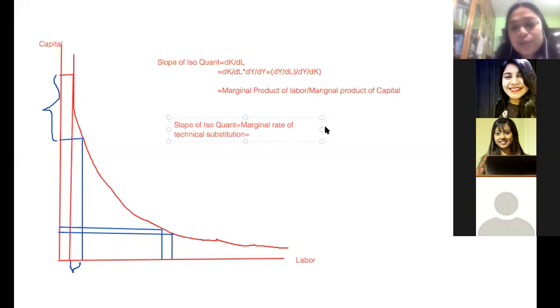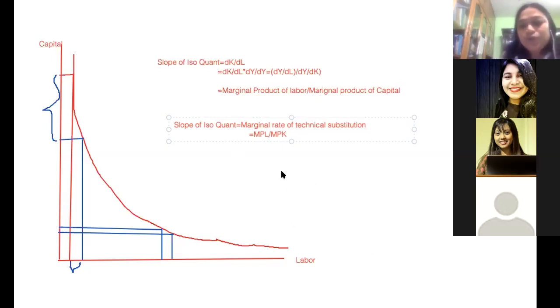So how you substitute between labor and capital so that your output remains the same, okay, which is equal to marginal product of labor divided by marginal product of capital.